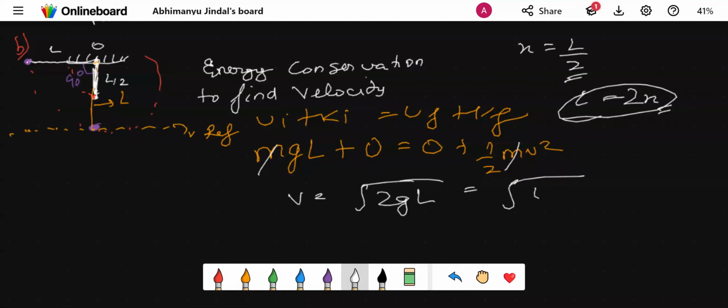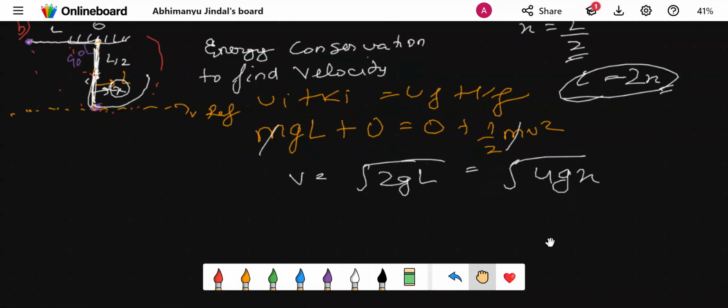So I can say this is root 4gx. And here x is also our radius of the circle which it follows after hitting the peg, so after it hits the hinge, there's going to be a circular path of radius x.